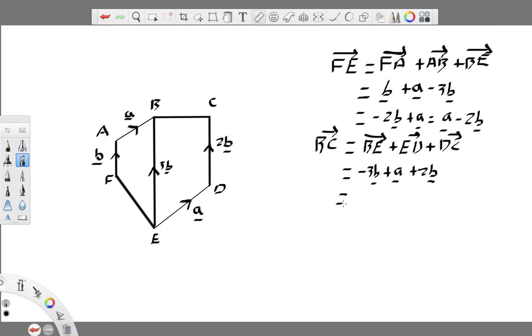And again, tidying that up, minus 3B plus 2B, well that's minus B plus A. And we prefer to have the positive vector at the start, so A minus B, like that.